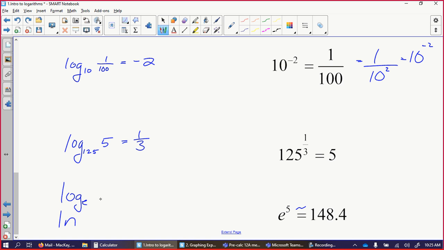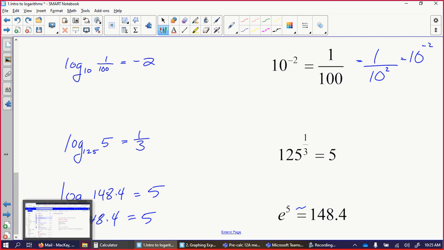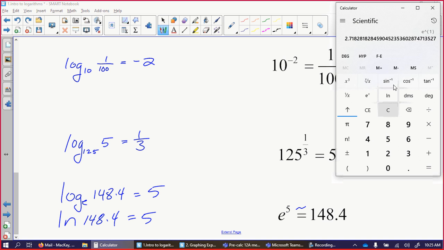The argument is 148.4, equals 5. That one you can check. Clear. 148.4, take the ln of it. 4.9999 is pretty much 5.